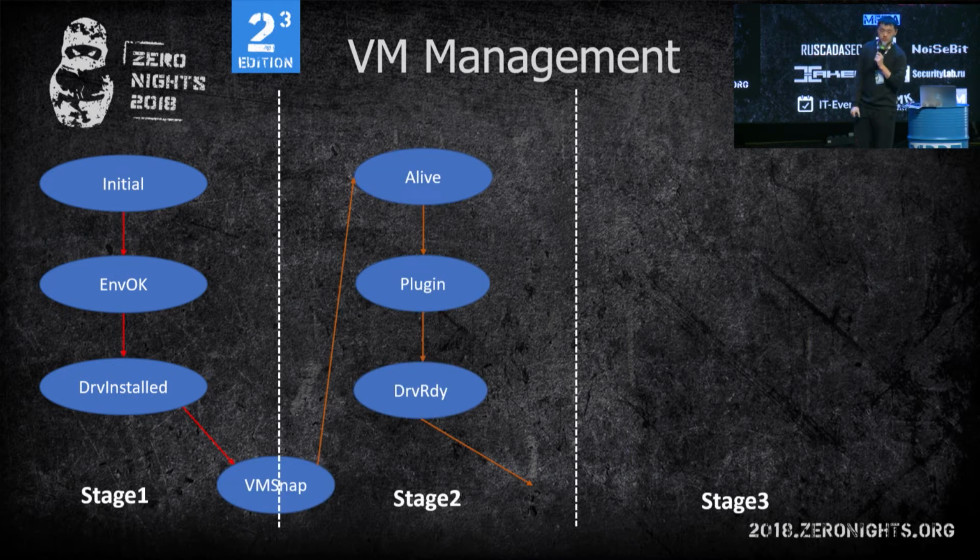After that, we take a snapshot of the virtual machine to accelerate the fuzzing process later. Then we wake up the virtual machine and plug in our virtual USB device, and wait for the target driver to be installed properly and running.